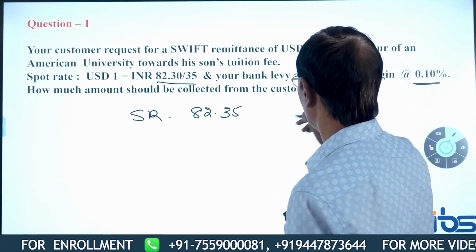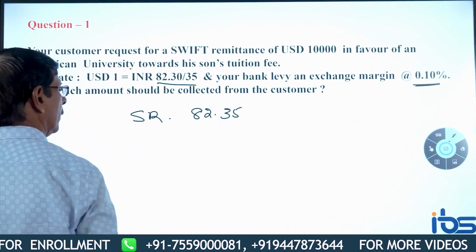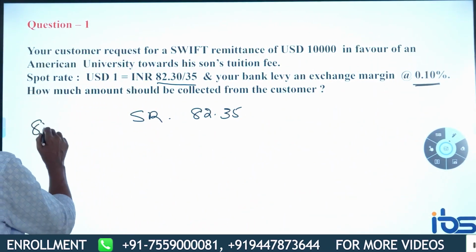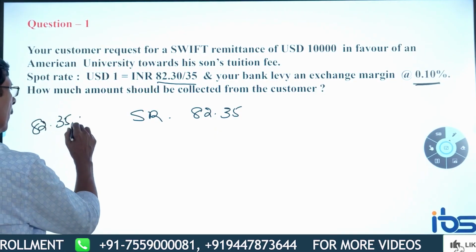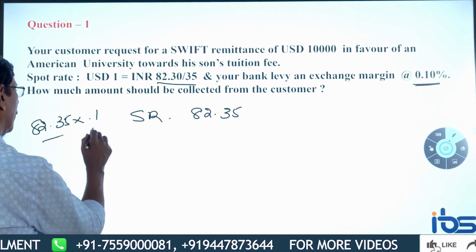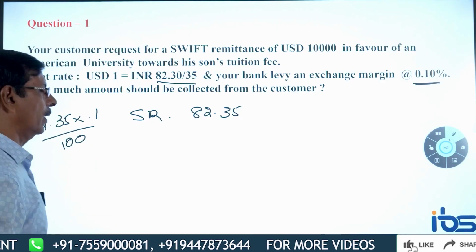The margin is 0.1% of this 82.35. So you have to calculate: 82.35 into 0.1 divided by 100. You can find this using the calculator.